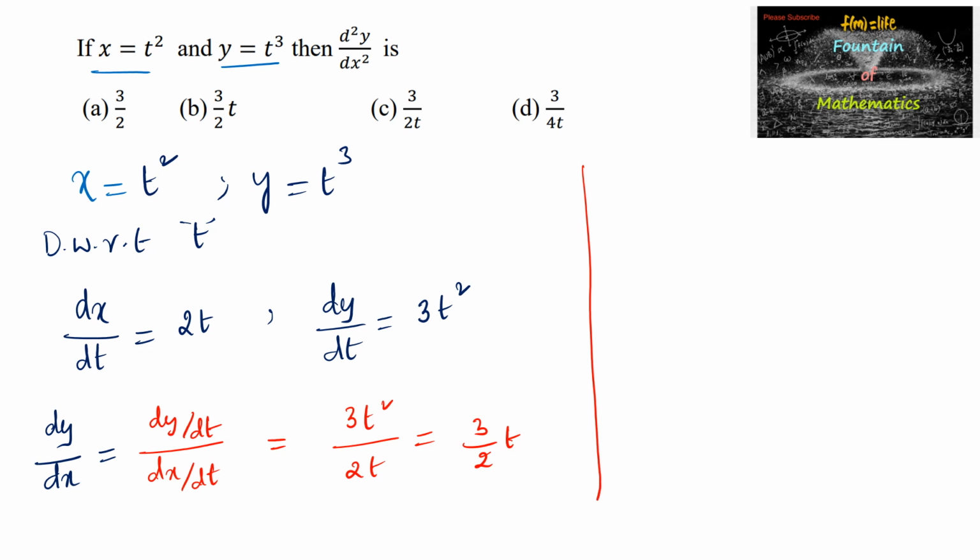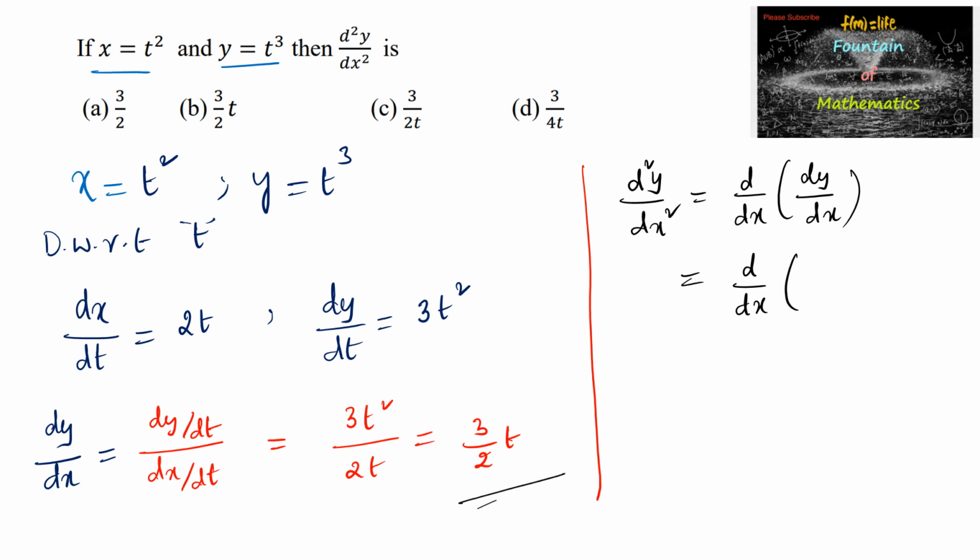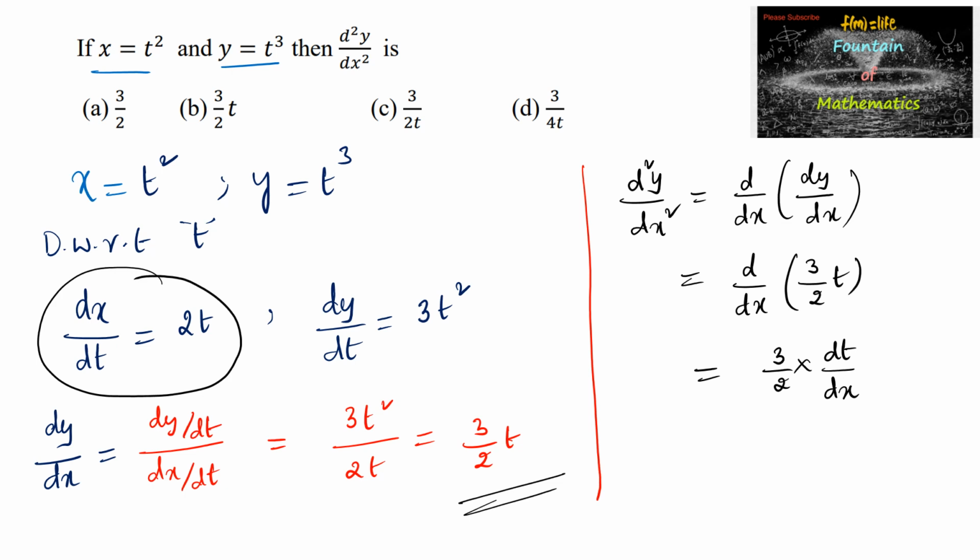And now, since we require d square y by dx square, which is d by dx of dy by dx, we can write d by dx of dy by dx is 3 by 2 times of t, that is 3 by 2 times differentiation of t with respect to x is dt by dx, and we know that dx by dt is equal to 2t, so we can write dt by dx is equal to 1 upon 2t.